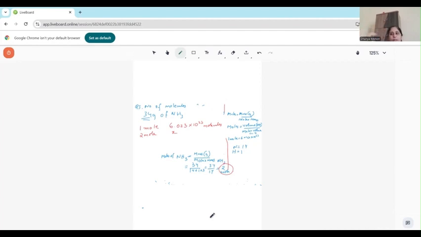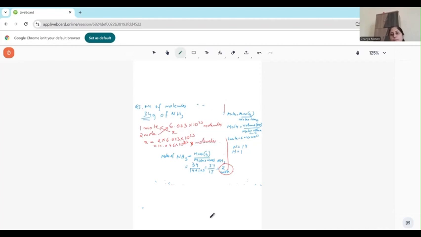So 2 moles will have X. When you cross multiply, X times 1 equals 2 times 6.023 times 10 raised to 23, which is 12.046 times 10 raised to 23 molecules.